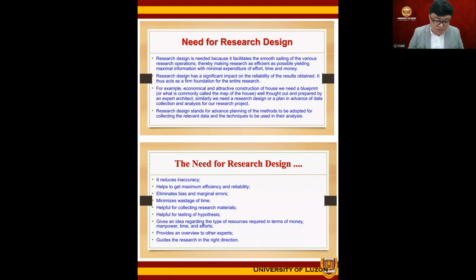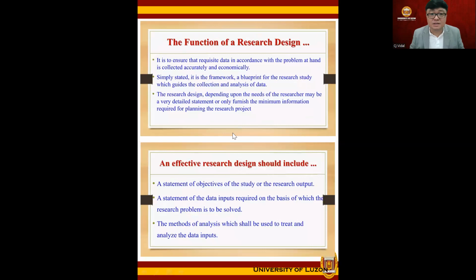Then it organizes the study in a way that captures the advantages of the approach while being aware and cautious about the potential disadvantages. So that highlights the purposes of research design.